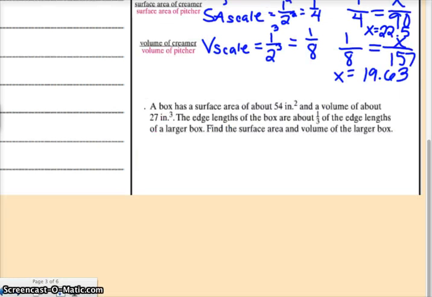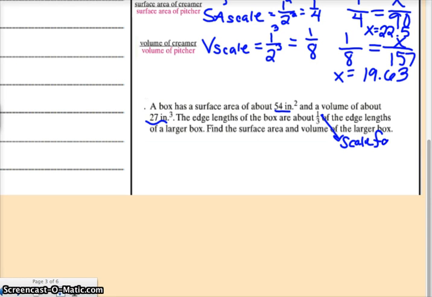Okay, the next example says a box has a surface area of 54 square inches and a volume of about 27 cubic inches. The edge lengths of the box are a third of the edge length of a larger box. They already gave me, this is my initial scale factor. So this 1/3 is my scale factor.